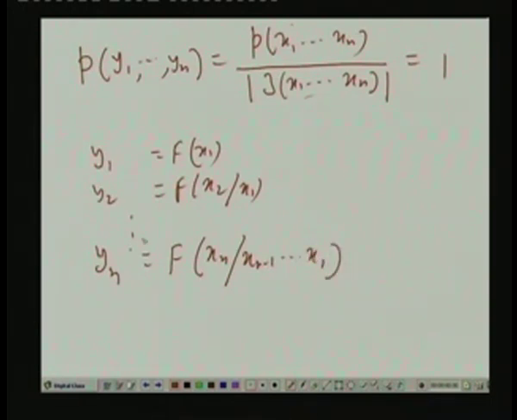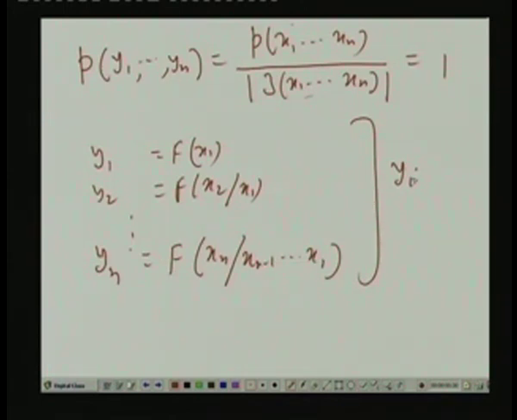Now, each of these functions, mind you, y1 to yn, they are random variables. Okay, they are random variables. Now, consider any y. It can take value between 0 to 1.